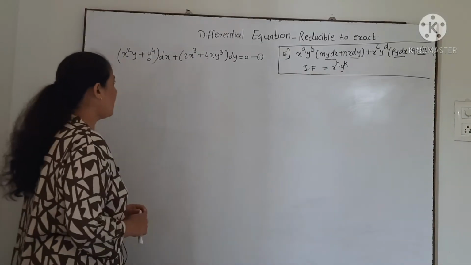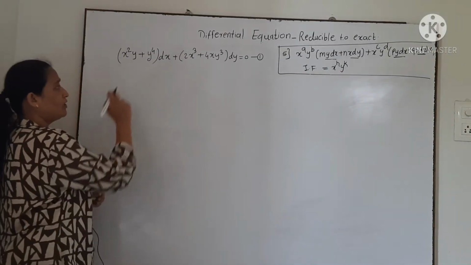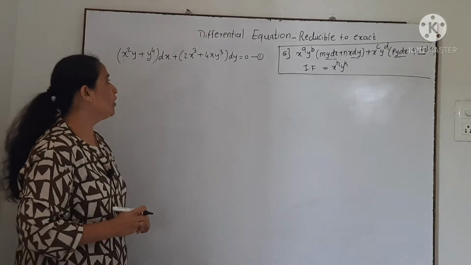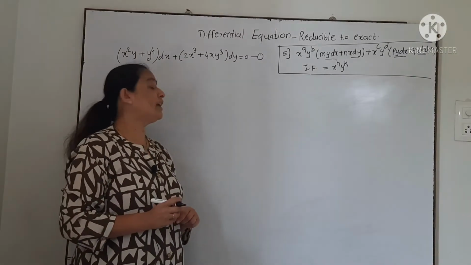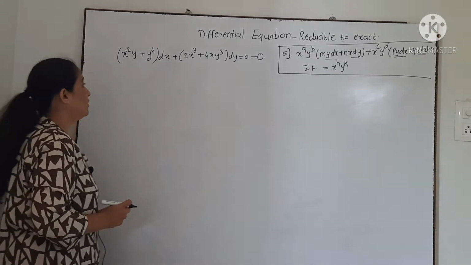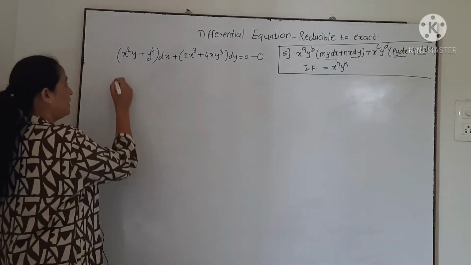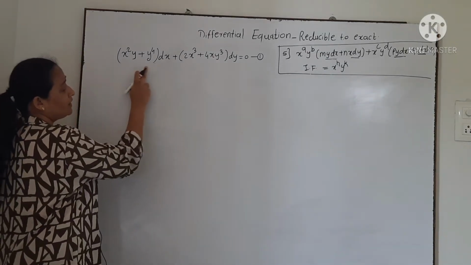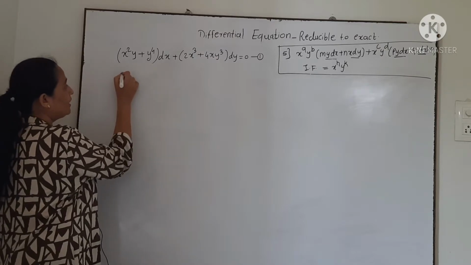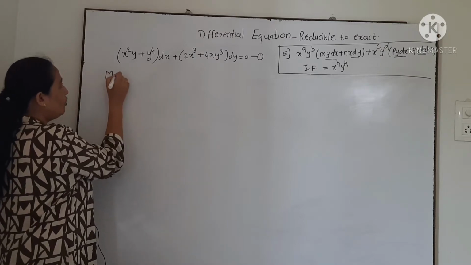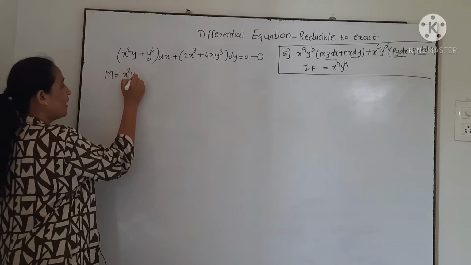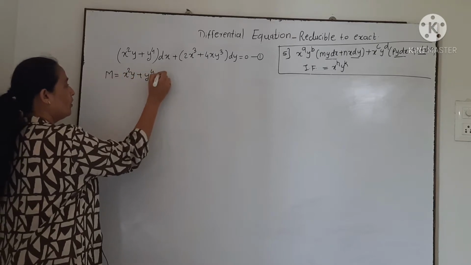Consider the equation (x square y plus y raised to 4) dx plus (2x cube plus 4x y cube) dy equal to 0. Now the first step is common. We first compare this with M dx plus N dy equal to 0. We'll get the value of M, that is x square y plus y raised to 4.